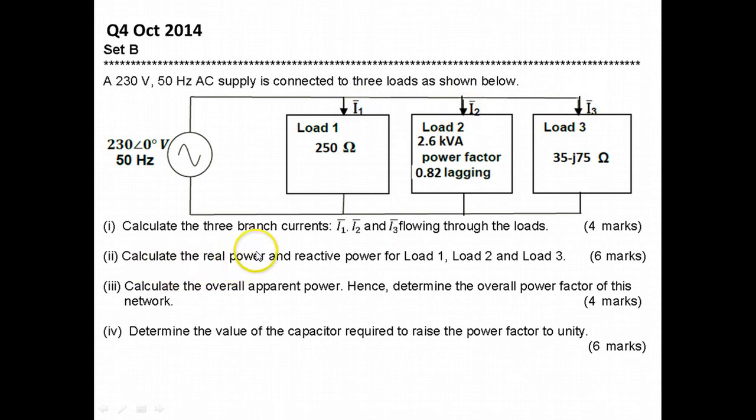Next, we are required to calculate the real power and reactive power of loads 1, 2 and 3. And finally, we want to calculate the overall apparent power and determine the overall power factor. Finally, we want to determine a capacitor that we need to put across here in order to improve the overall power factor to 1, unity. Let's see how we answer this question.